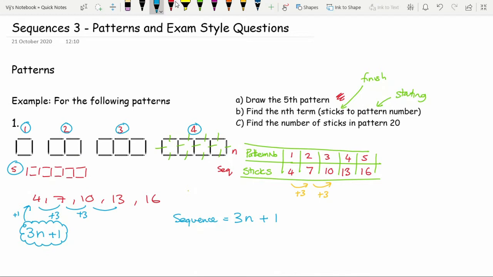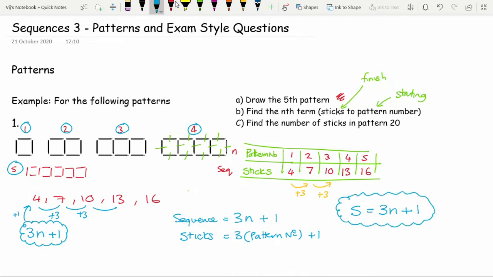So I'm going to replace sequence with sticks, and I've got 3 times the pattern number plus 1 equals the number of sticks. So instead I'm going to say S is equal to 3n plus 1, and that's how we can find the number of sticks in any given pattern.